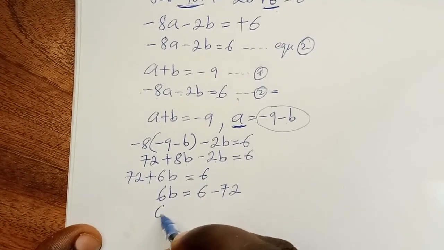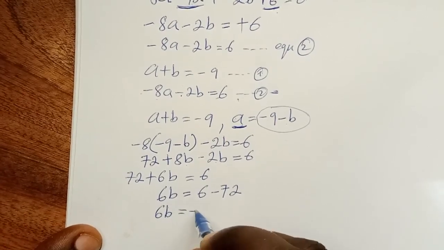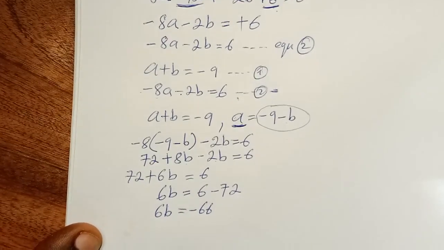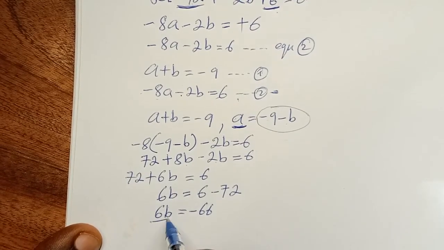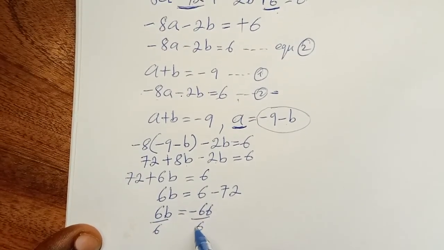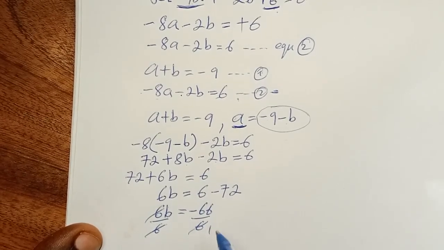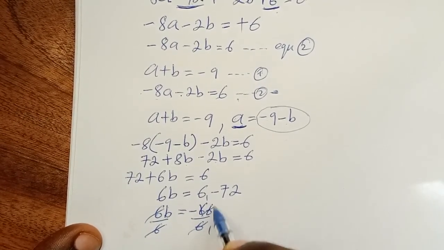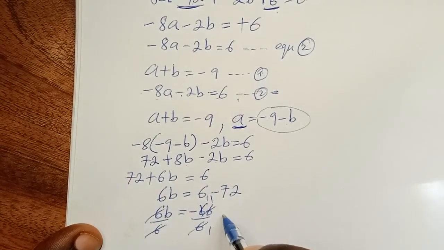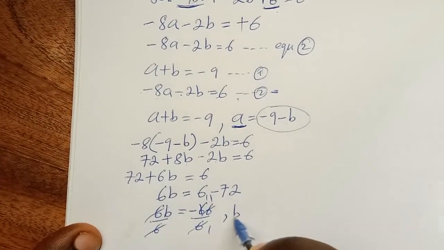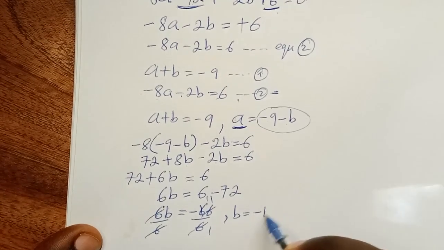So we have 6b is equal to minus 66. To get the value of b, we divide both sides by 6. This 6 takes off this 6, and 6 goes into minus 66 eleven times. So b in this case is equal to minus 11.